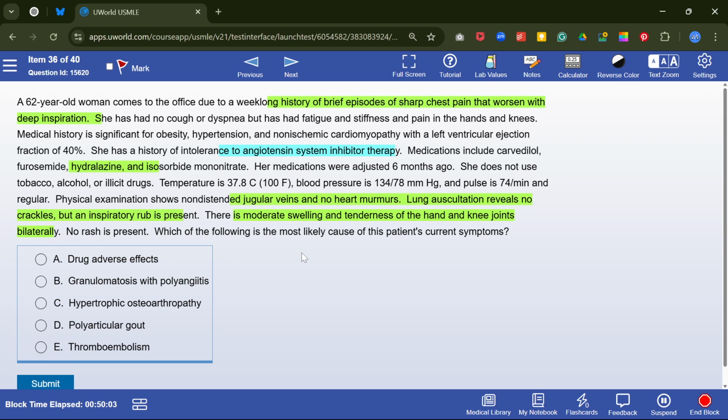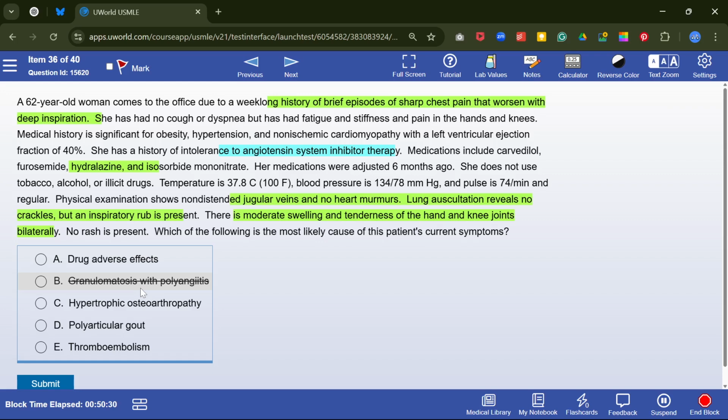What's his problem? Oh, she's on hydralazine, so the mononitrate, but it's not GPA.